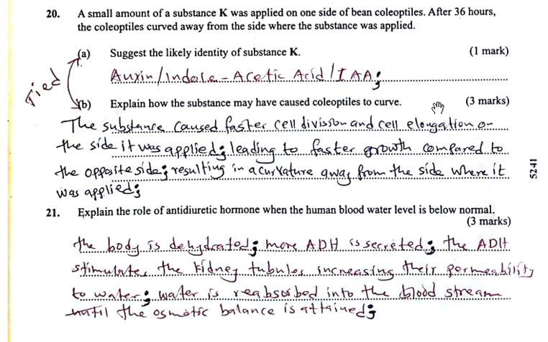Explain how the substance may have caused coleoptiles to curve. The auxin, or the substance, caused faster cell division and cell elongation on the side it was applied, and this led to faster growth compared to the opposite side, resulting in curvature away from the side where it was applied.